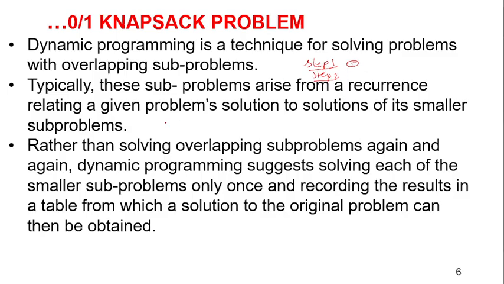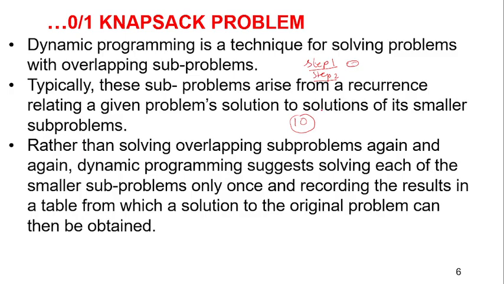Step 3 will use the solution or results obtained in the previous step 2. Typically these subproblems arise from a recurrence relating a given problem solution to the solutions of its smaller subproblems. Consider there are 10 items. We are not going to consider all 10 items at a time or simultaneously.